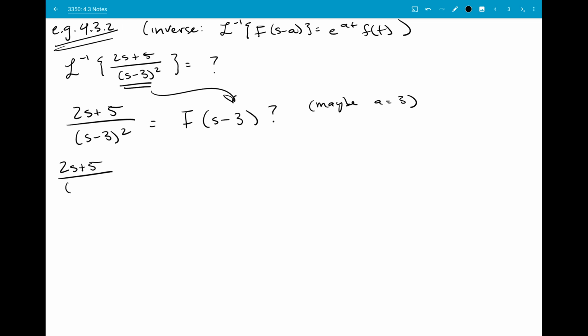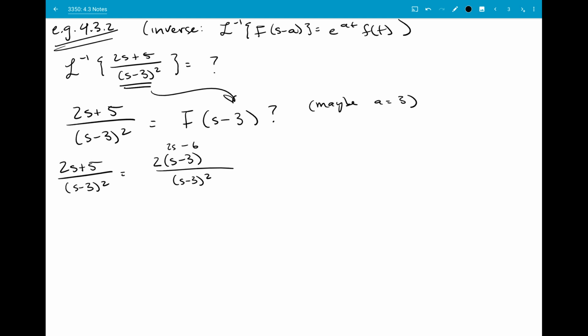And if we look at our (2s + 5)/(s - 3)^2, what I'd like to have is an s - 3 up top and on bottom. And so I want to make sure to keep this all the same. So I had a 2s before, so I would probably have 2 times that s - 3 to get my 2s back out of it.